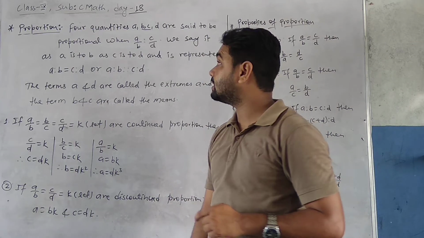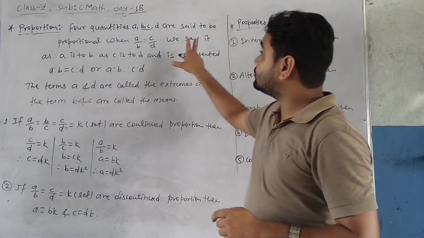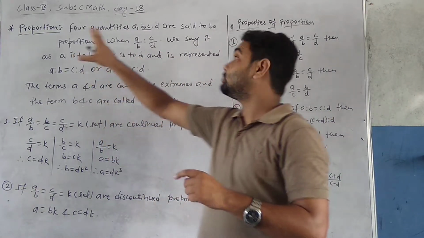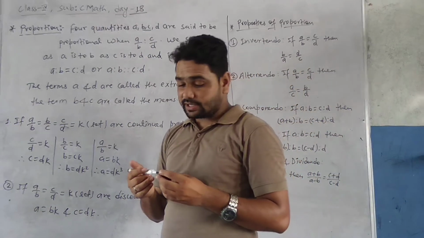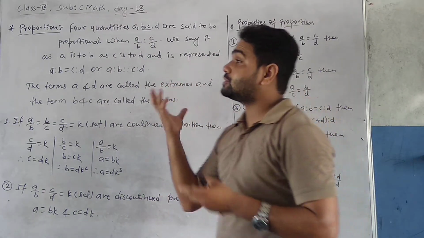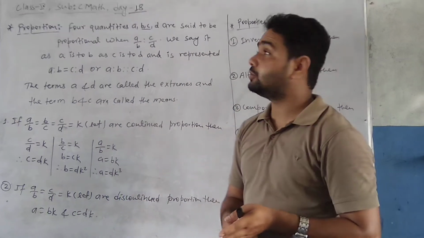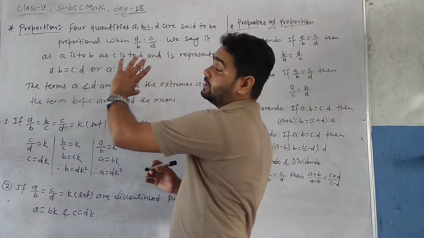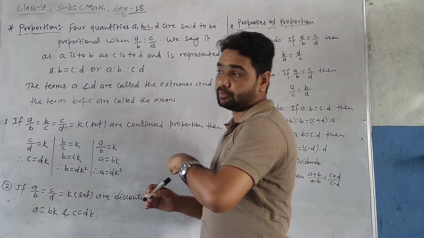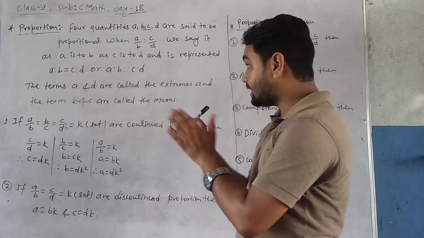In this way, ratio and proportion are related to each other. That's why the chapter is named ratio and proportion.